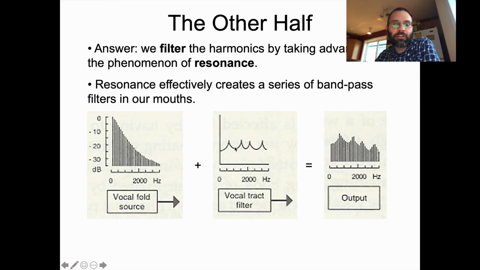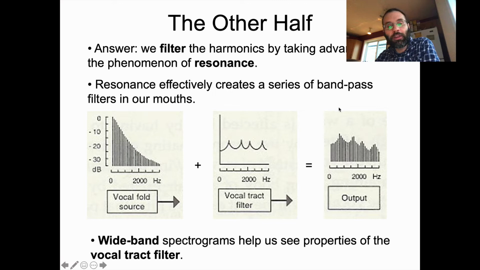If we put them through this filter, or this series of bandpass filters in our vocal tract, the series of harmonics has to basically conform to the shape of this filter in terms of their intensity, and so we get an output that looks like this, where we're seeing the effects of multiple filters over the frequency range of the entire series of harmonics.